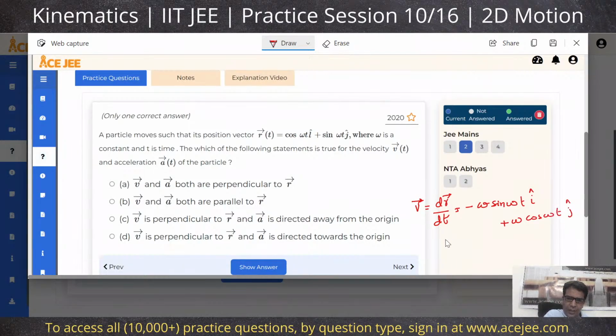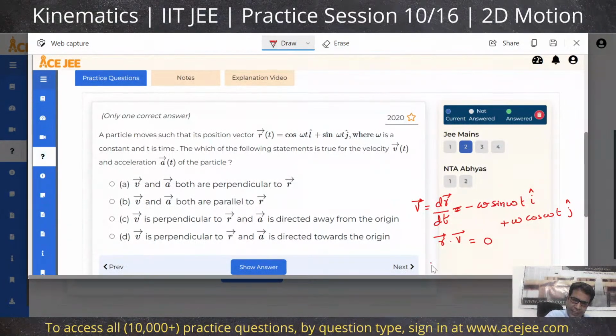The dot product r dot v, I can tell from here this is right. Why? Because you will have minus omega sin omega t cos omega t plus omega sin omega t cos omega t. That will be 0. That means r and v are perpendicular.